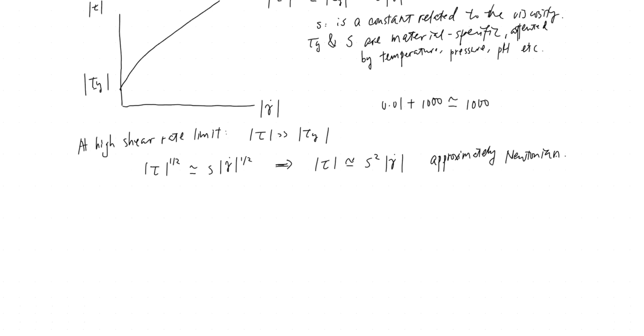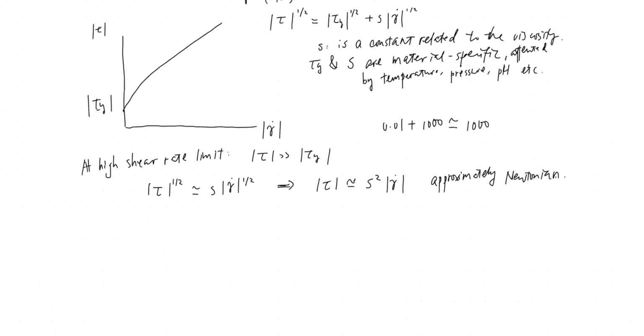And we just discussed that at a high shear rate, the effective viscosity is about 3 centipoise. So now we can say S squared is approximately 3 centipoise.